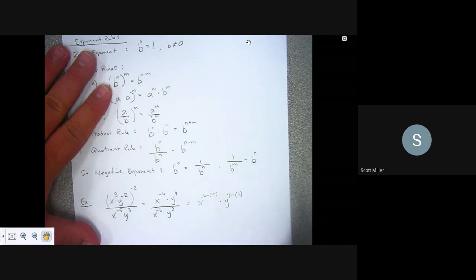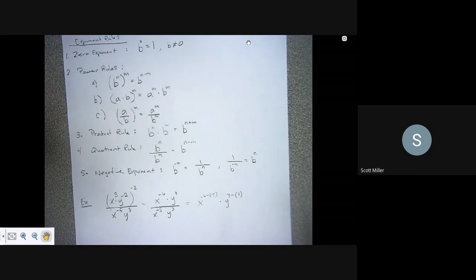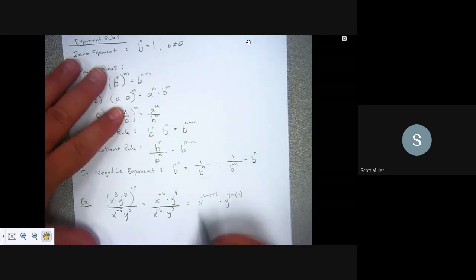To make sure I don't make a sign error, do you notice I'm putting the second one, the bottom exponent, into parentheses so I don't make sign errors, just to get used to this, which is where the most common mistake is made. A negative 6 minus a negative 5 is a negative 1. For y, 4 minus 3 is a positive 1. This is the only one that has a negative exponent.